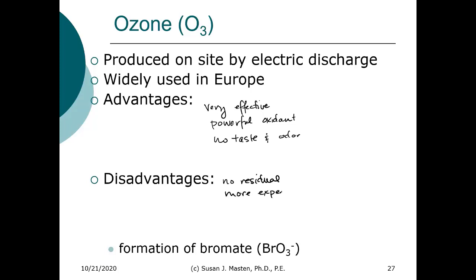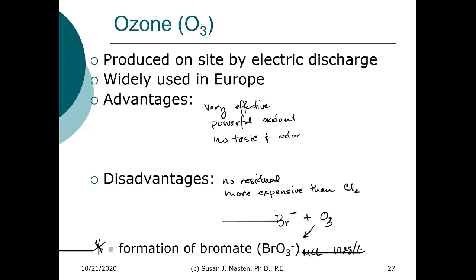It's more expensive than chlorine. And the major disadvantage is the formation of bromate. So you have bromide in water that reacts with ozone to produce bromate. The MCL is 10 micrograms per liter in the US.